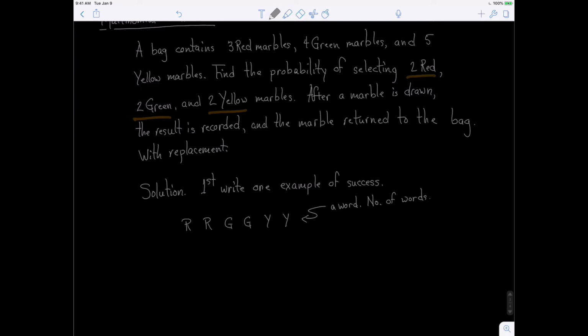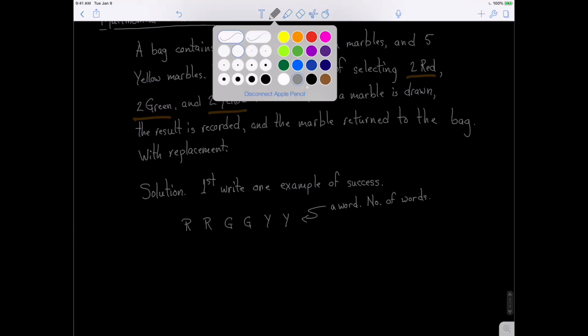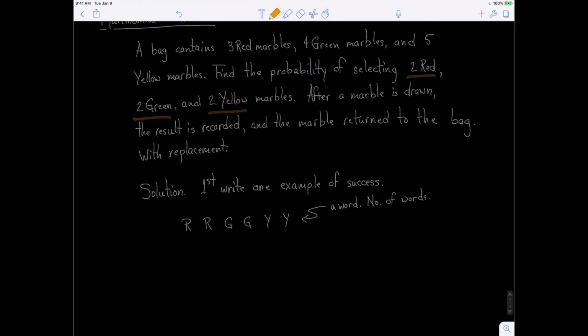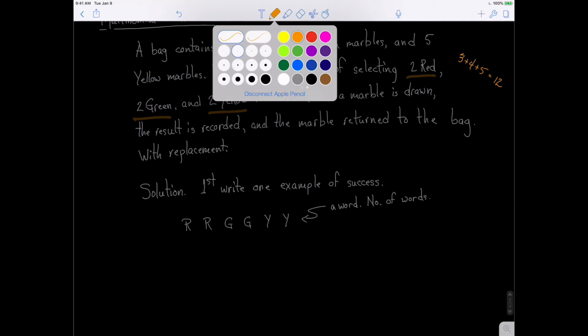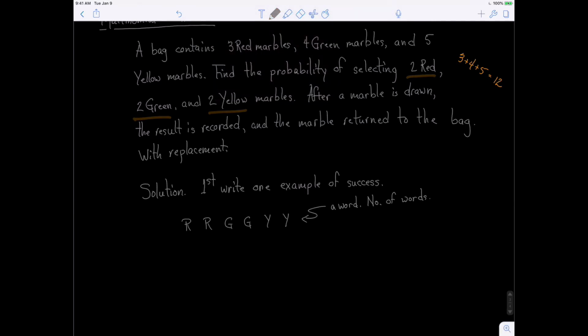So here we go. Notice that we have 3, 4, 5. So we have 3 plus 4 plus 5, that's 12 marbles in the bag. So the probability of drawing a red initially is 3 out of 12.